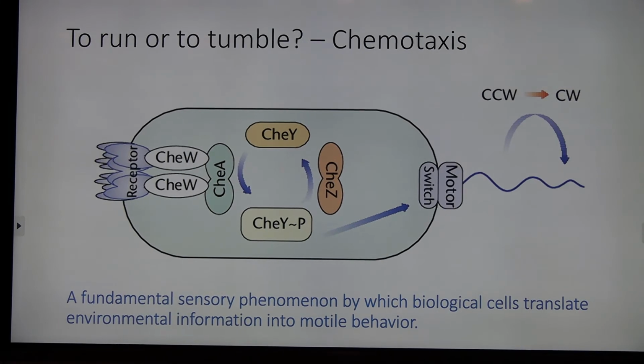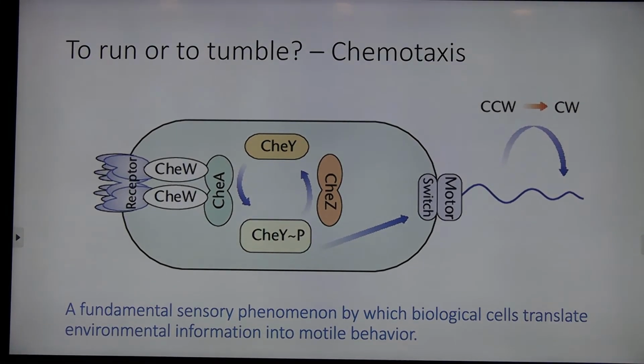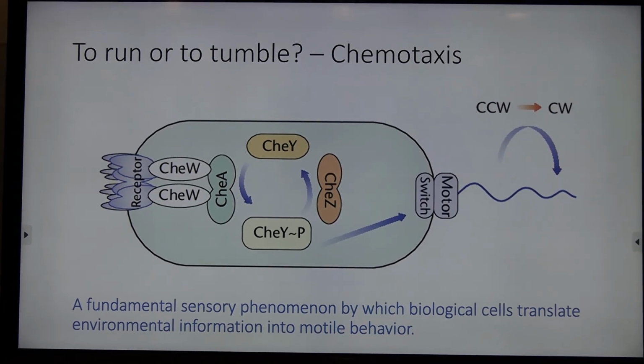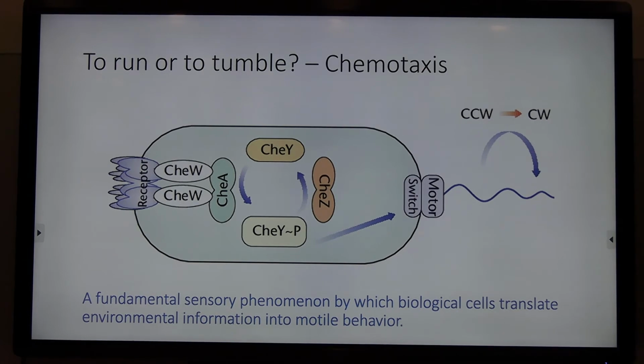The methylation and also the phosphorylation happen to these proteins and make a signal transduced from the receptor to the end, causing the rotation of the flagellum. And it makes them counterclockwise or clockwise. Then you can see the real behavior of bacteria is run or tumble. We will not get into the details because you will learn more in future courses.